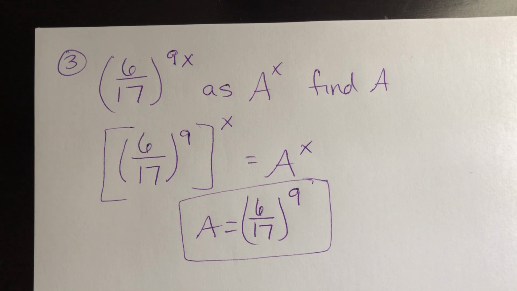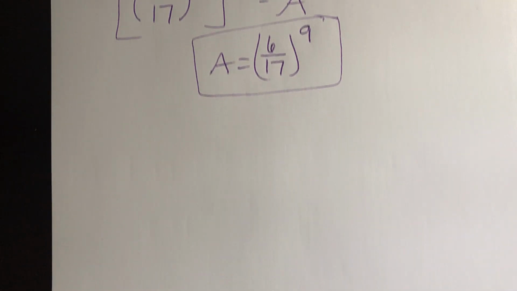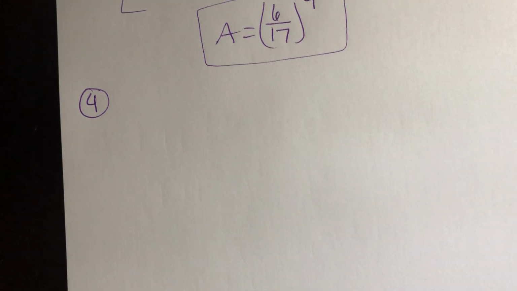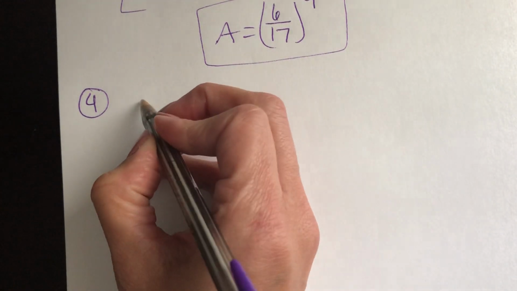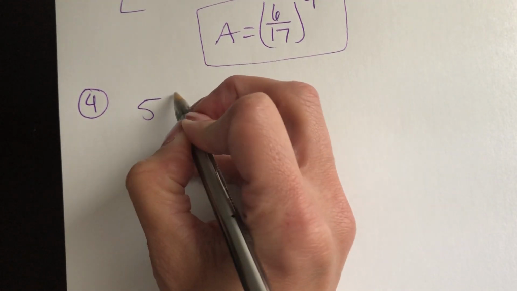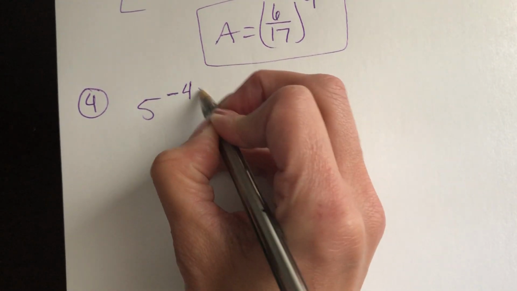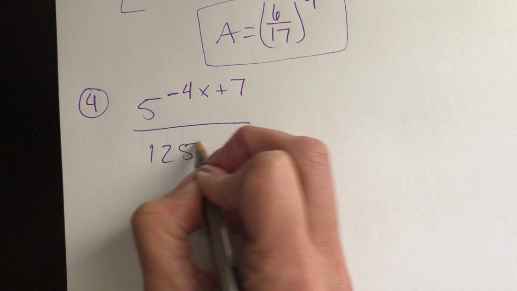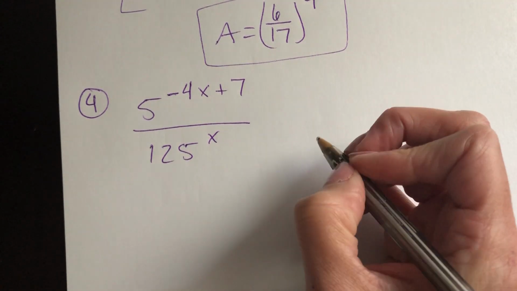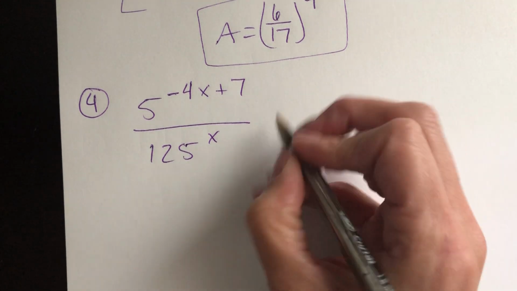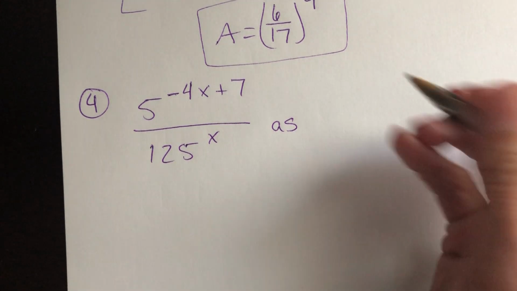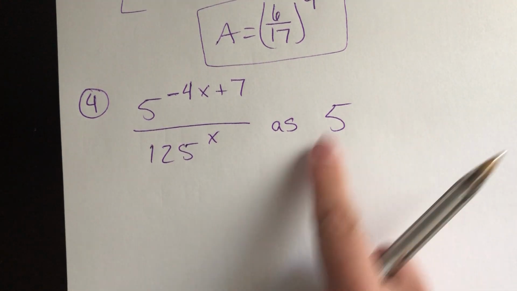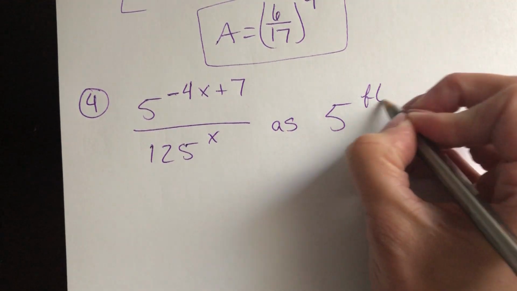All right, moving on, let's do another one. Okay, it's a little more complicated now. I have 5 to the negative 4x plus 7 over 125 to the x. And we want to rewrite that as a base of 5 raised to an exponent, and they're calling the exponent f of x.